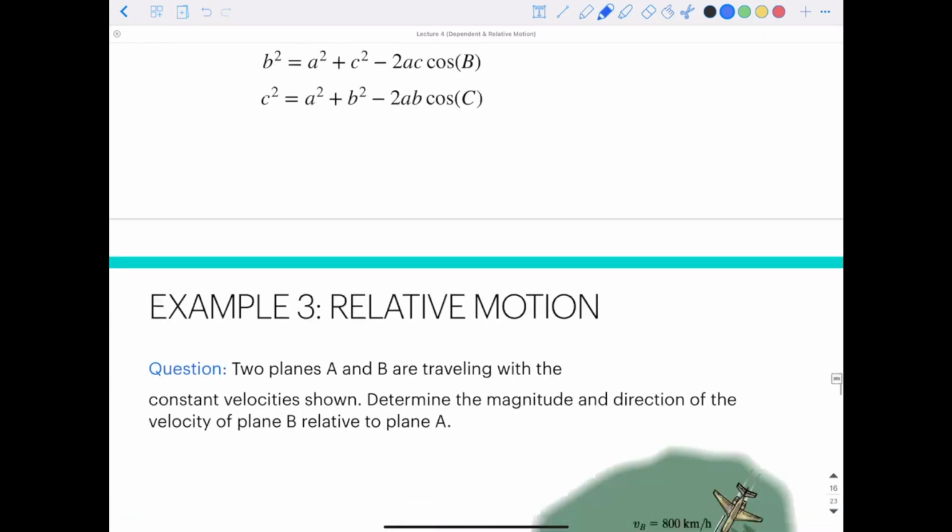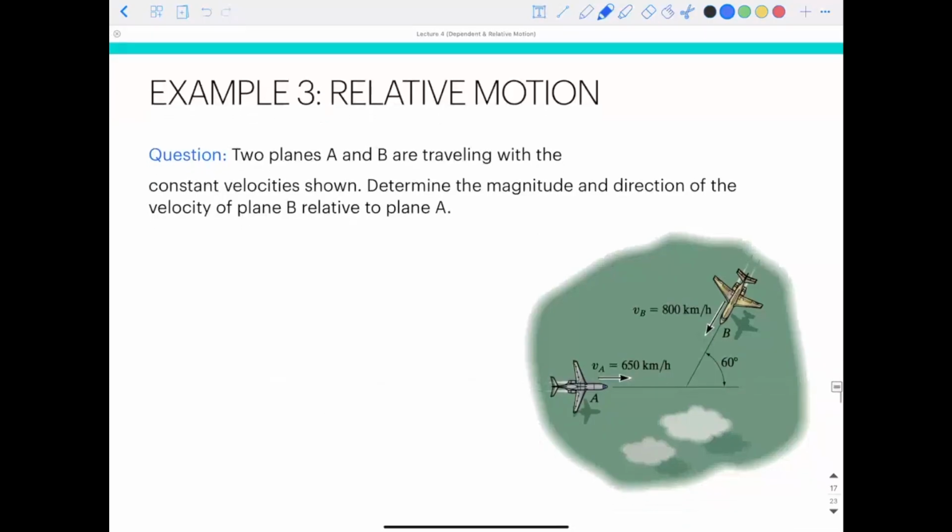I prefer just using the vector method because a lot of times we're given velocity or acceleration, especially in terms of its components, and it doesn't matter what coordinate system we use. So we can get a vector form for velocity and acceleration, and then we can find our relative velocities. So let's do an example.